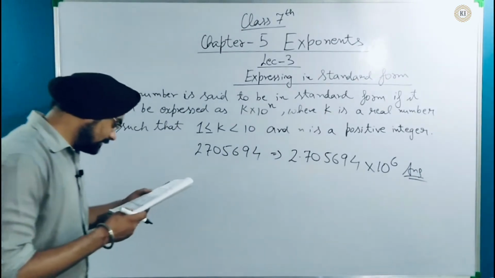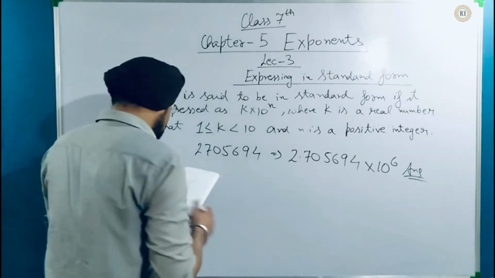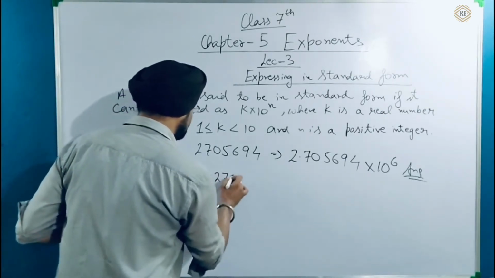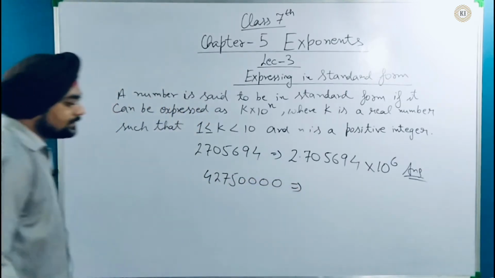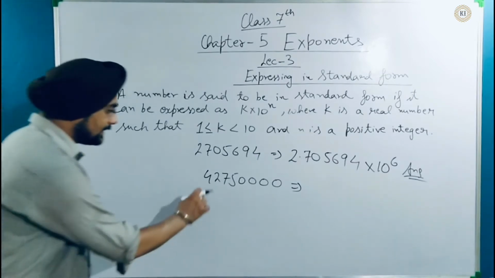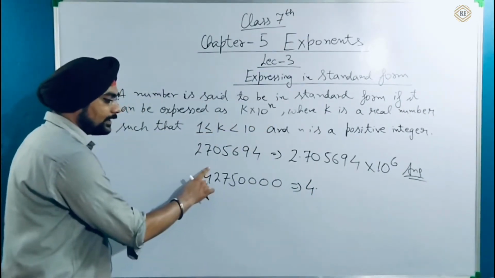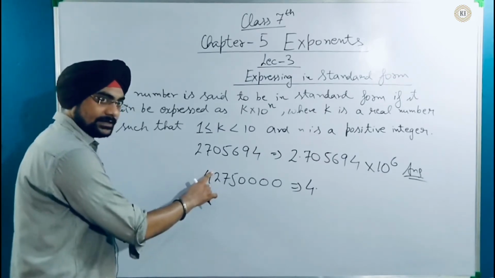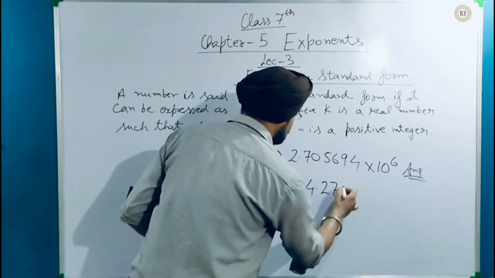Now see one more example. It is given as 4275000. Now we have to express this value in the standard form. Again we take 4 and put a decimal point. The decimal point will always be after one digit. Now 275.